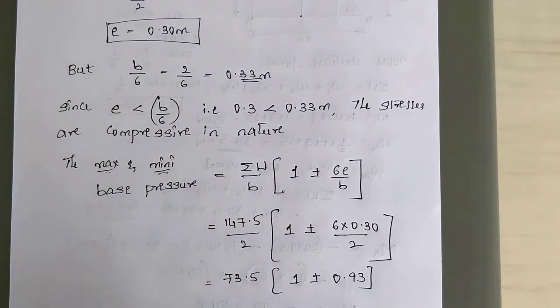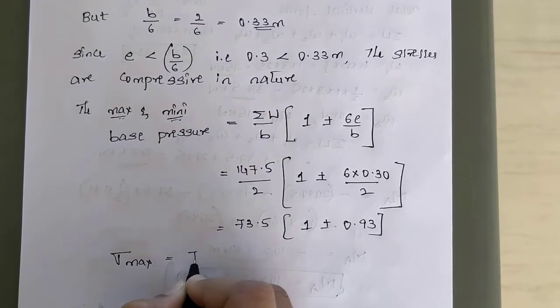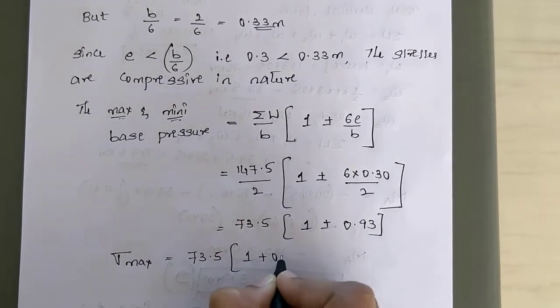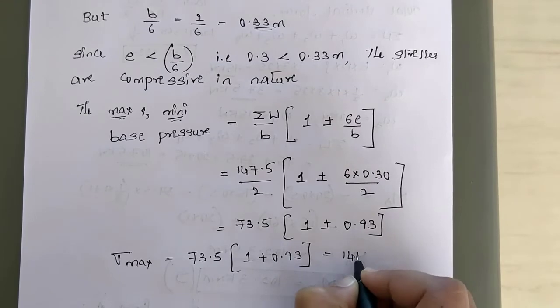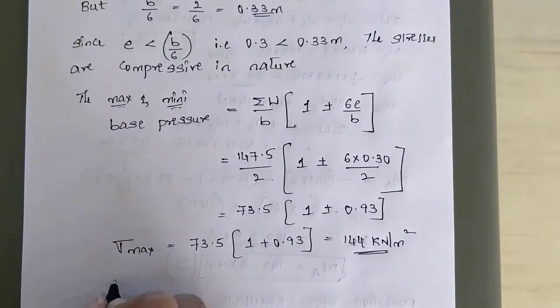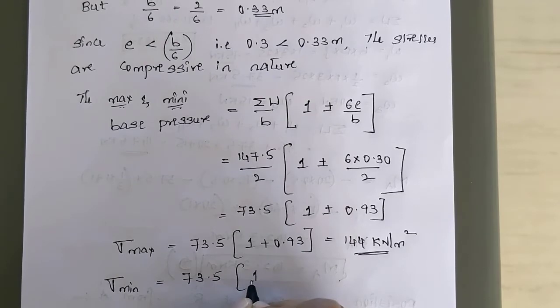When the base pressure is maximum, when you consider it as positive, then sigma max equals 73.5 into 1 plus 0.93. Then you will get 144 kilonewton per meter square. Similarly, when it is minimum, sigma minimum equals 73.5 into 1 minus 0.93.